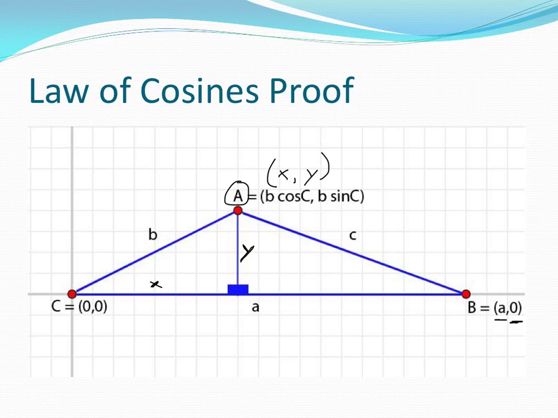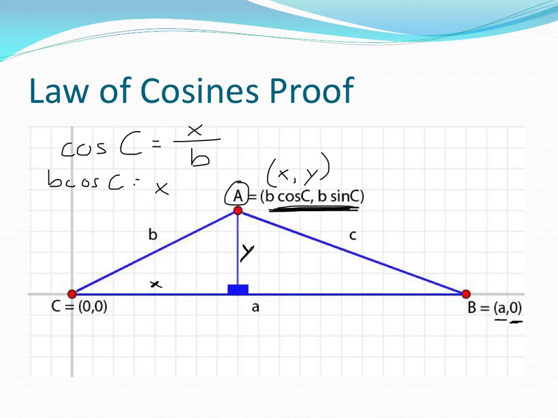A. Now, you'll notice that they give a different ordered pair in the diagram. Let me show you how that comes about. Consider angle C. The cosine of C, using right triangle trig, is the adjacent side of that right triangle, x, over b, the hypotenuse. So I can solve that for x. b cosine C is equal to x.